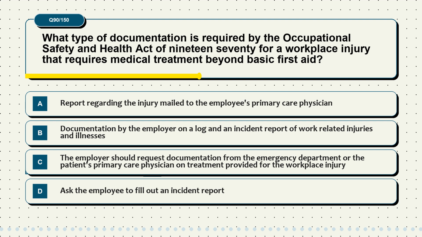Option B. Documentation by the employer on a log and an incident report of work-related injuries and illnesses. Option C. The employer should request documentation from the emergency department or the patient's primary care physician on treatment provided for the workplace injury. Option D. Ask the employee to fill out an incident report.